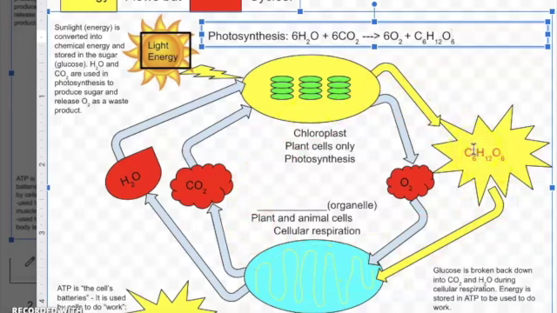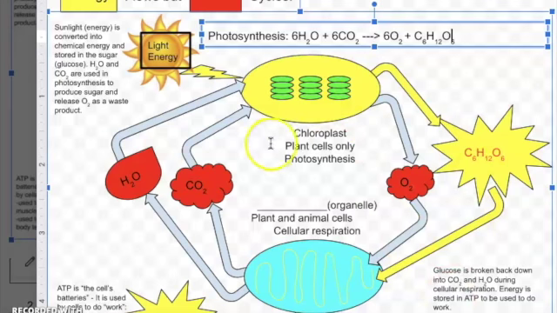Okay, they are considered matter. But within the bonds of this glucose molecule, there is energy. So that's why glucose here is inside this starburst structure, because this glucose molecule holds energy. It holds chemical energy.